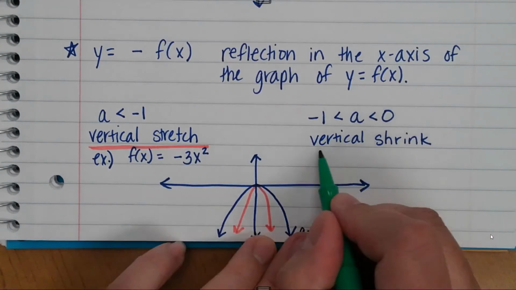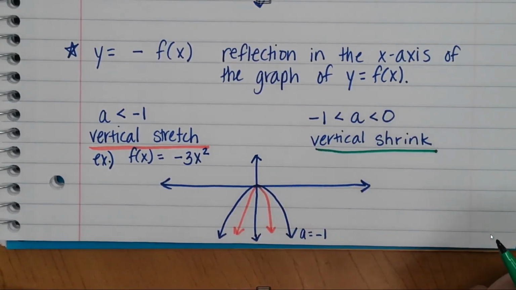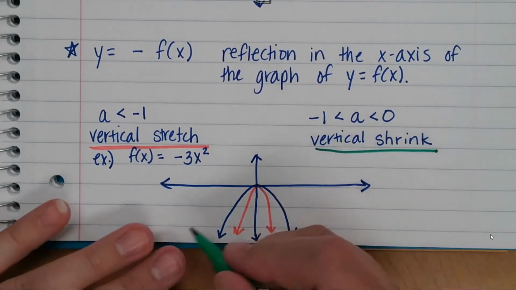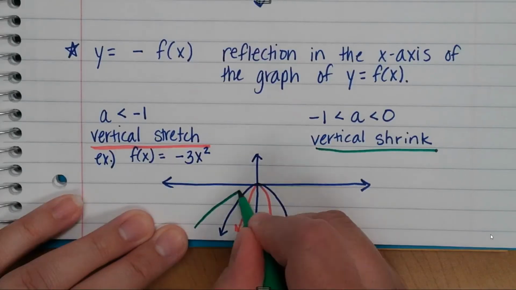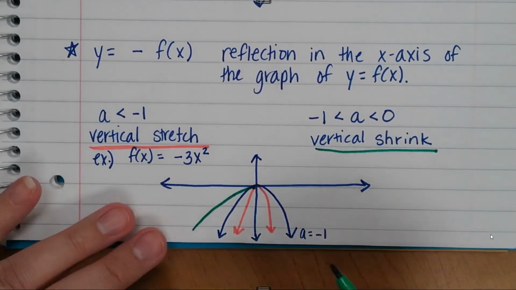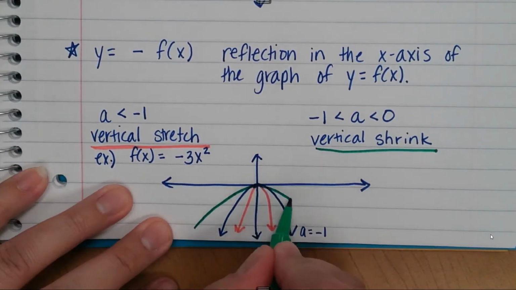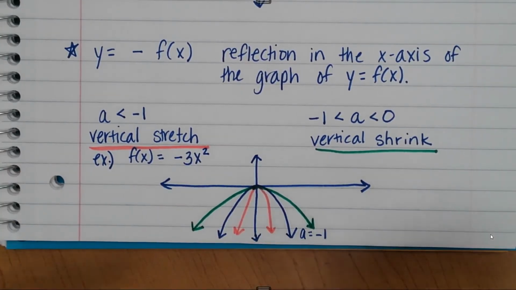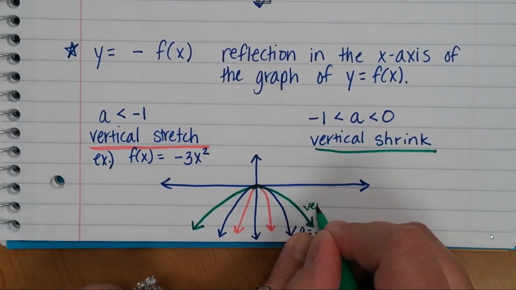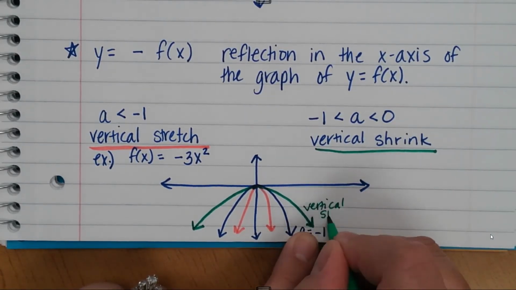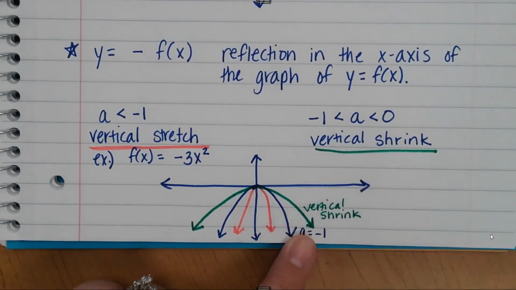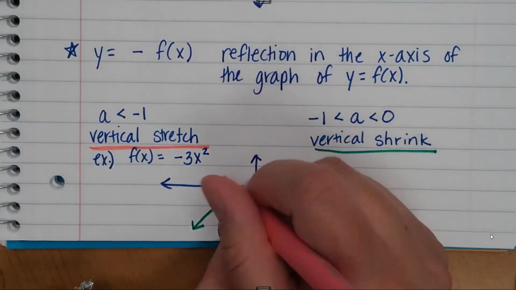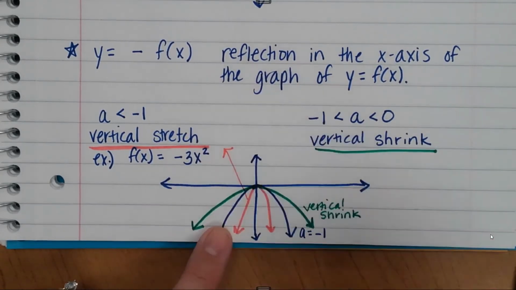And then you would have a vertical shrink if a was a negative and it's a fraction. Okay, so right here in green, this is the vertical shrink. And in pink, that's your vertical stretch, okay?